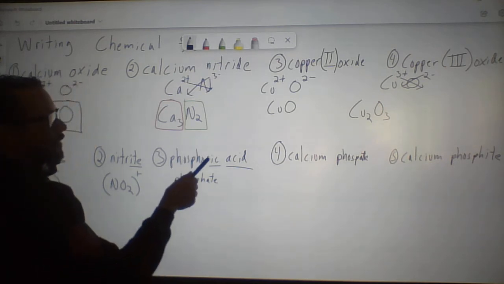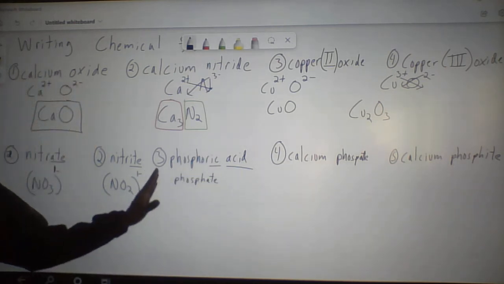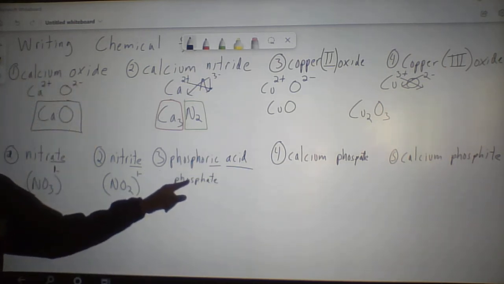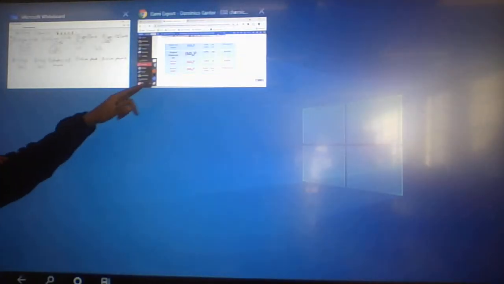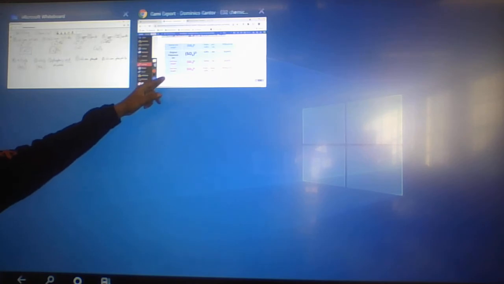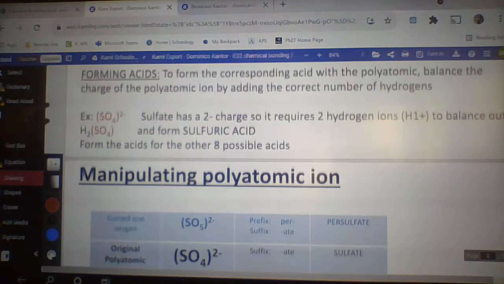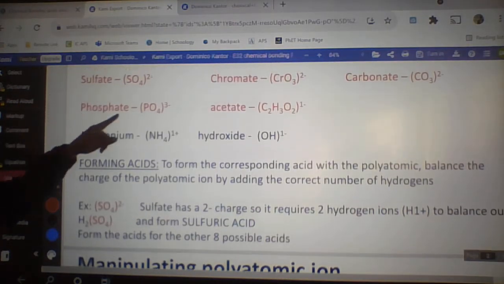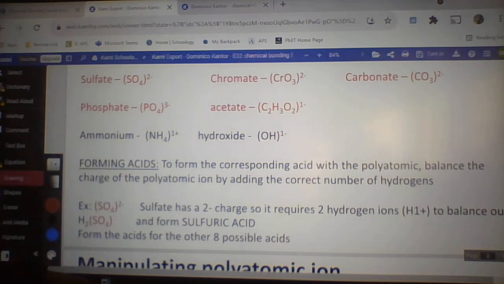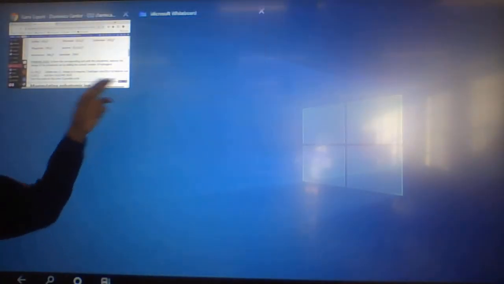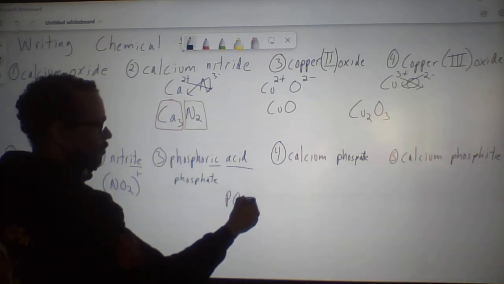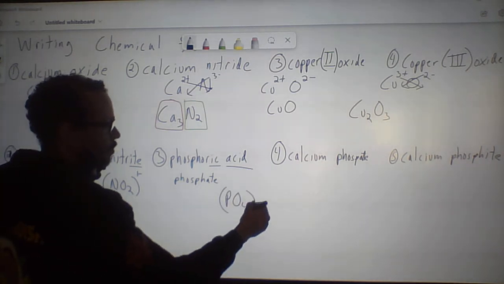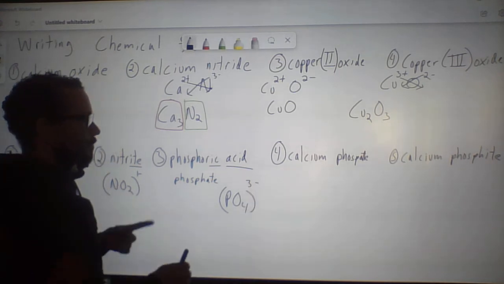And then phosphoric acid is just this polyatomic bonded with hydrogen ions. So phosphate was PO4 with a 3 minus charge. And now I have to bond it to something. So this is PO4 with a 3 minus charge.